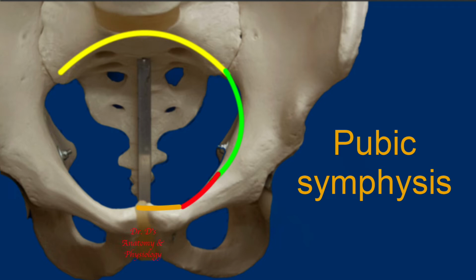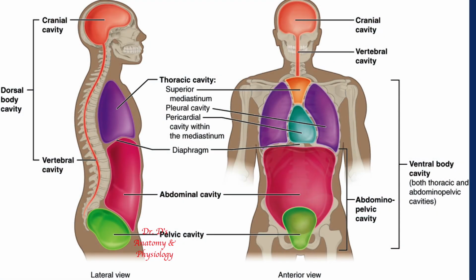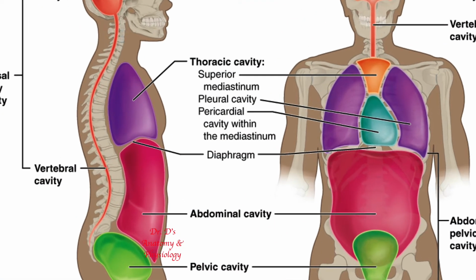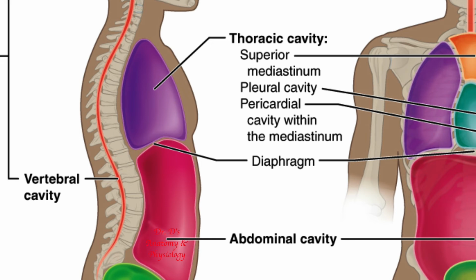Now that we have established that we have this bowl or container, what does it contain? Here is a nice illustration of all the cavities of the body. Below the diaphragm we have the abdominal cavity, so there is a nice clear separation of the thoracic and abdominal cavities.